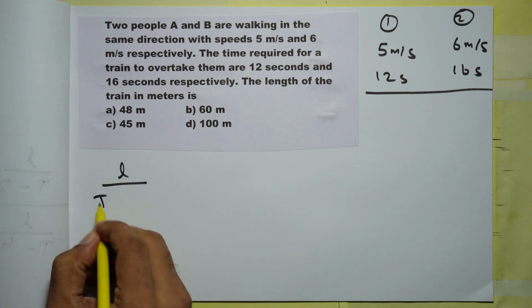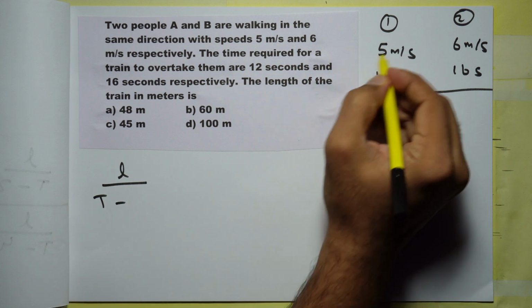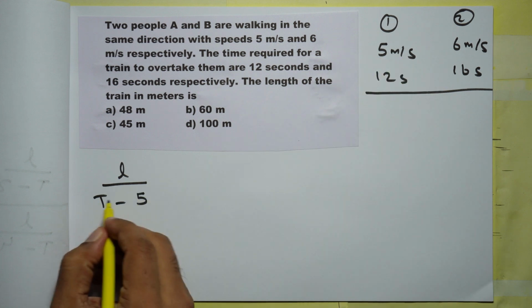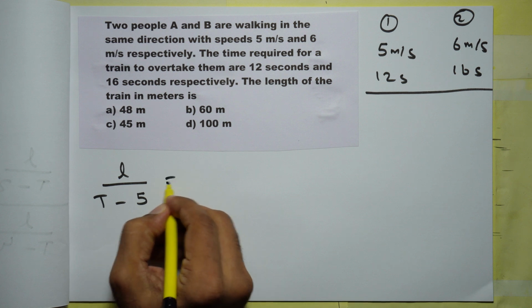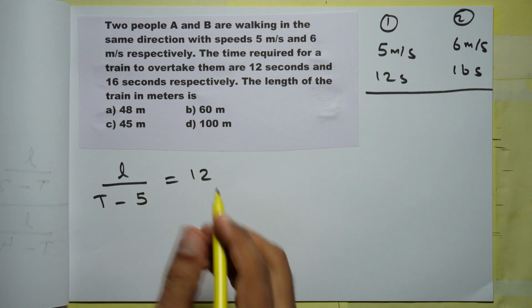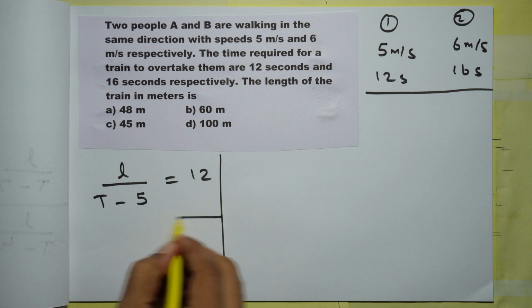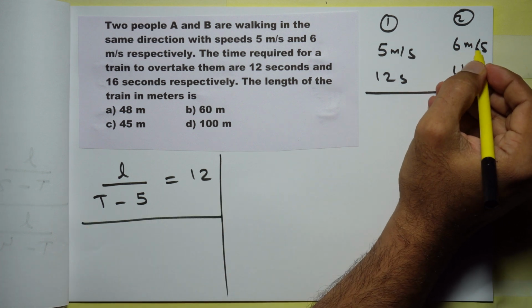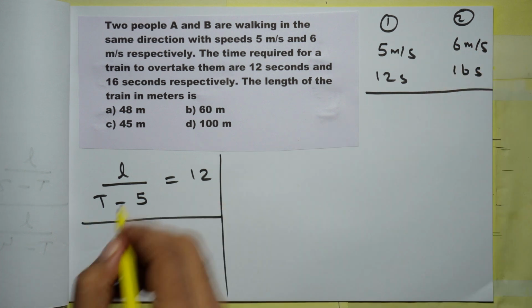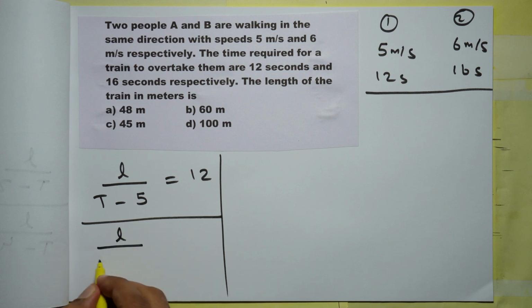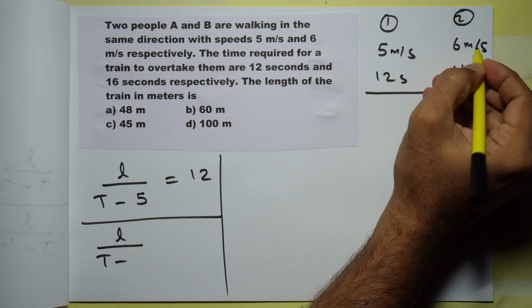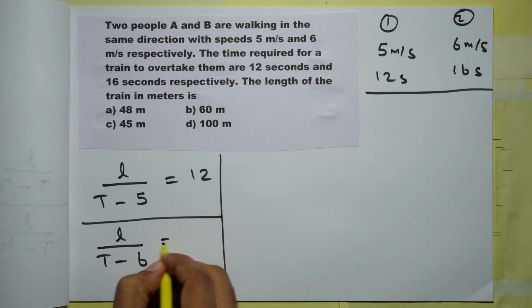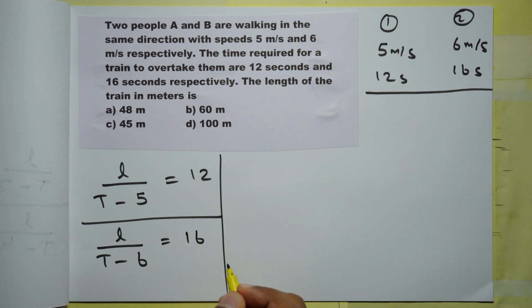Assume that t is the speed of the train, minus speed of the first person is 5 because they are moving in the same direction, and the time required is 12 seconds. Now let us form the second equation. To overtake this person, again the length of the train has to be moved, divided by speed or relative velocity, t minus the person's speed 6, and the time required is 16 seconds.